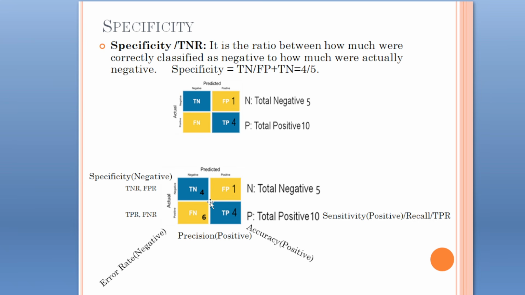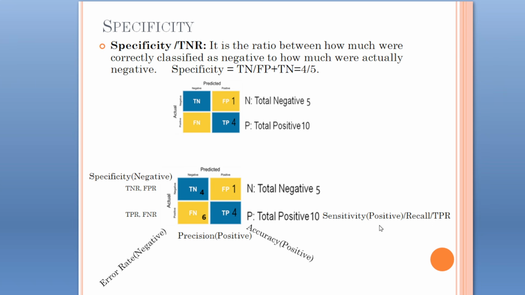Next is error rate and accuracy. These are calculated diagonally. Accuracy is for positive, that means these are the correct cases. So accuracy is TN plus TP divided by the summation of all four, and error rate covers FP and FN. So FP plus FN divided by summation of all four is error rate.